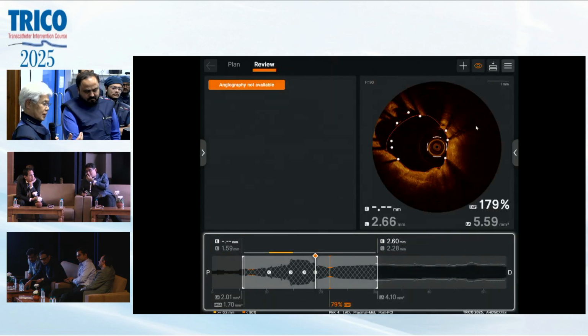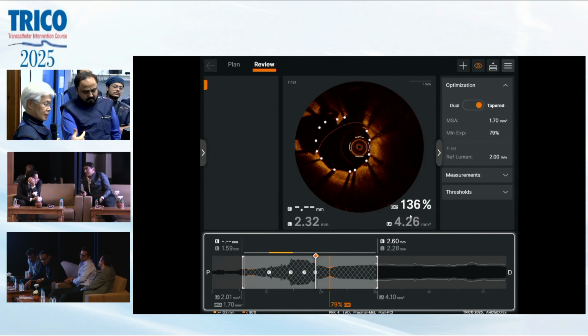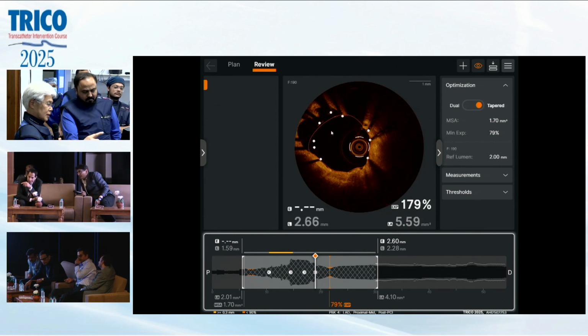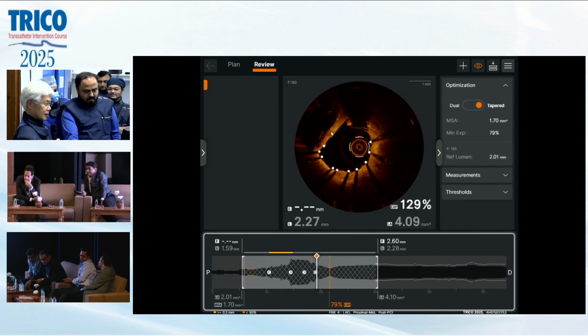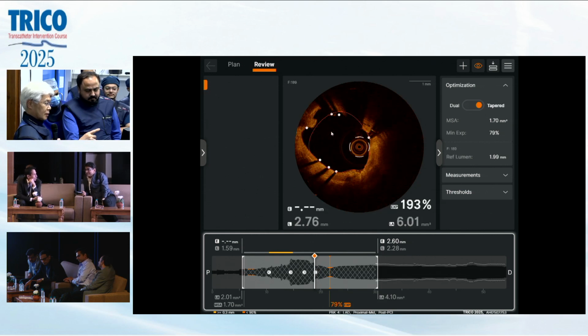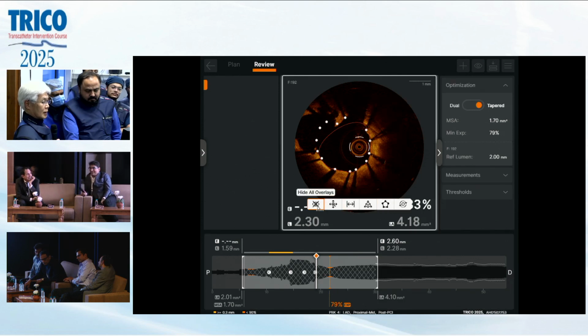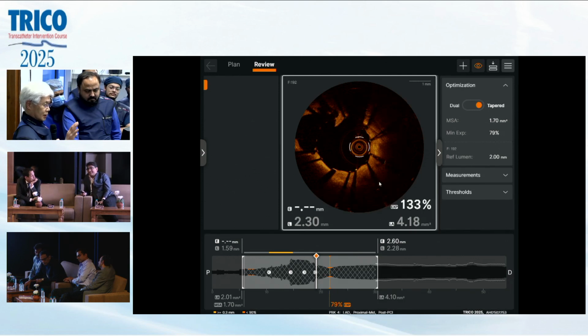Just only three cells, yes, overlay, right? Yeah. 3, 4, right. So I think generally speaking, the side branch is okay, right?